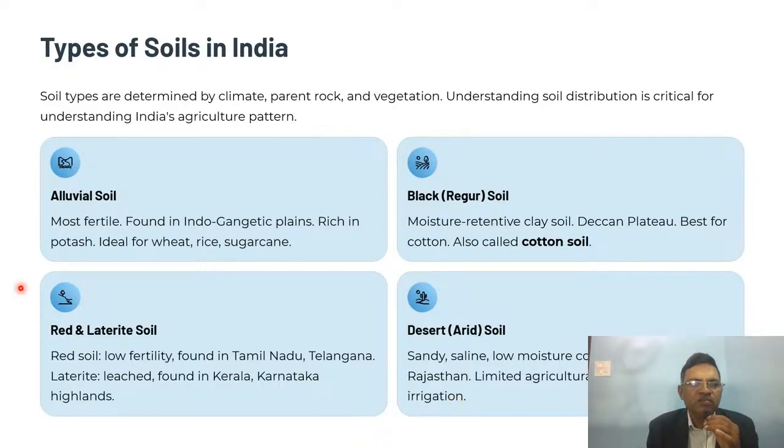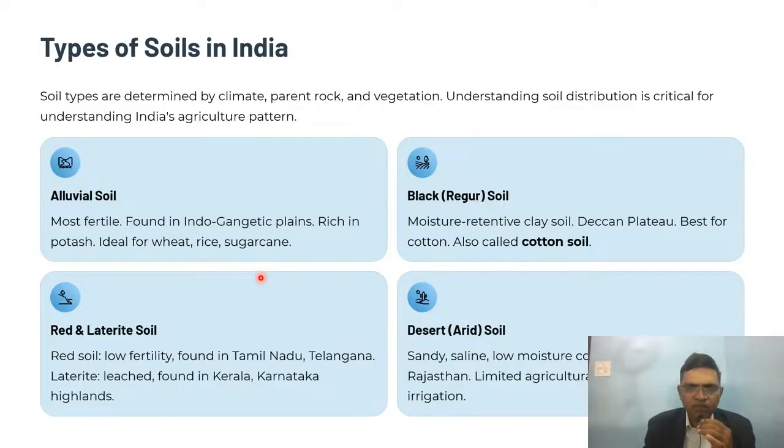One is alluvial soil, then black or regur soil, then red and laterite soil, then desert or arid soil. So alluvial soil is the most fertile soil, found in the Indo-Gangetic plains. It is rich in potash, ideal for wheat, rice, and sugarcane.